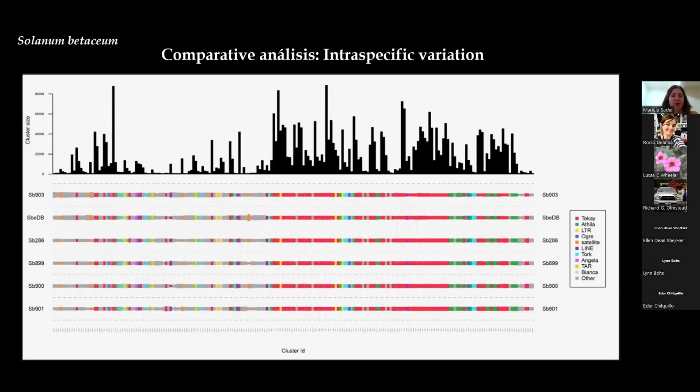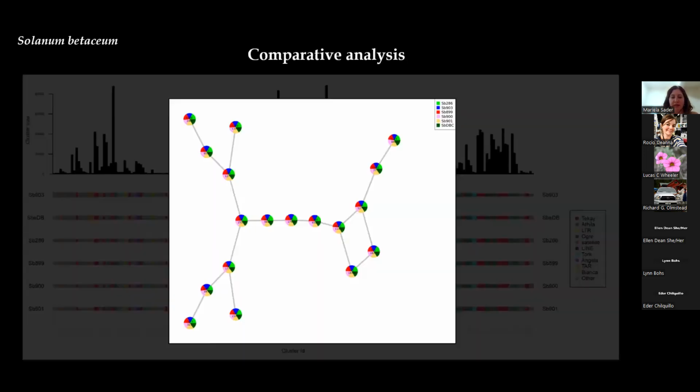In order to compare the different populations, we did a comparative analysis of the repetitive fractions using the same coverage for all populations. In this graph, each color represents a different element, and the size of each bar represents the abundance of each element. You can probably think that it all looks similar.